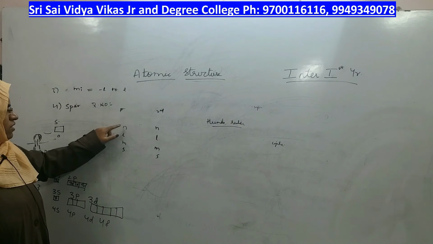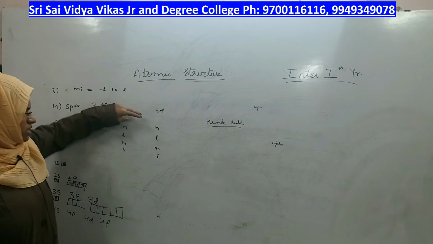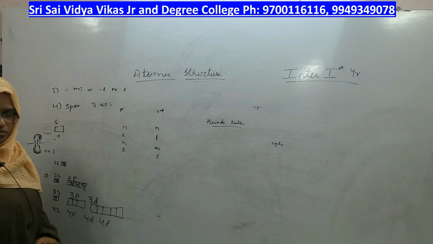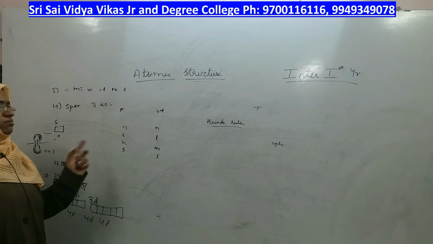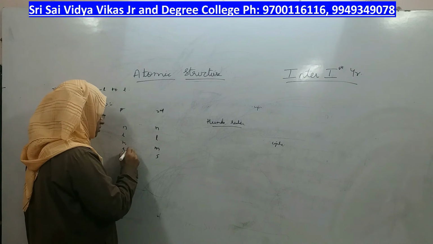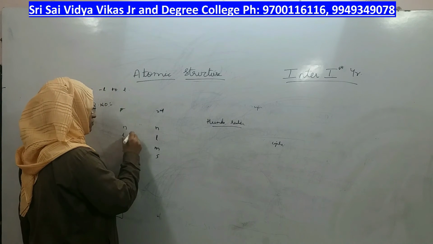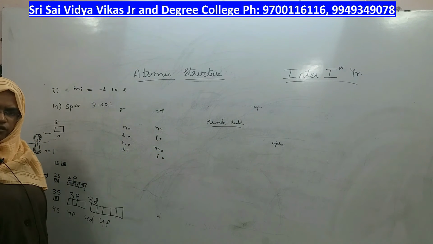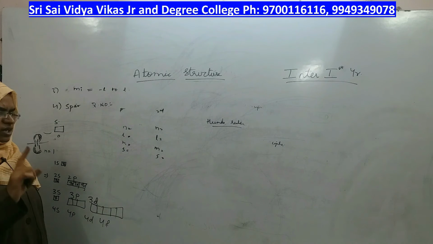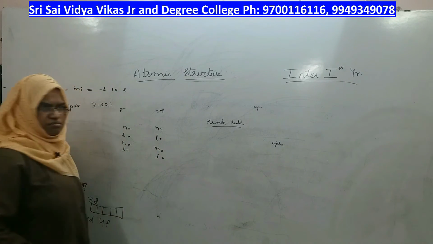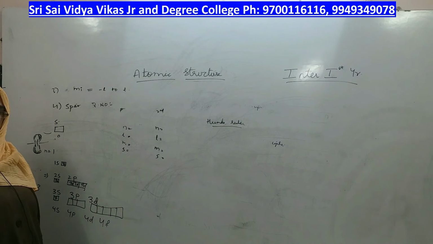You can have this quantum number same, this and this same, but all the 4 quantum numbers of 2 electrons cannot be same. At least one quantum number will be different for any 2 electrons. One quantum number can be same, 2 can be same, 3 can be same, but 4 cannot be same for any 2 electrons. Shall we verify that rule?